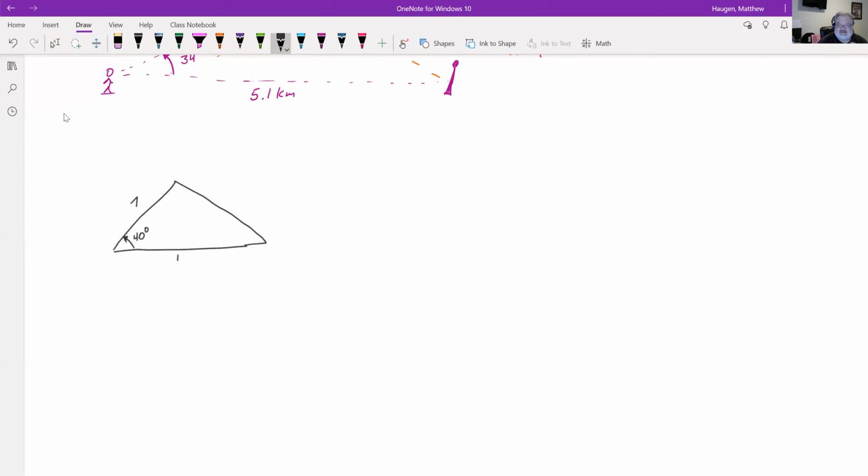So I'm going to call that 7 and 12. And yeah, we could use law of cosines to find this other information there, but I want to find the area of that triangle.